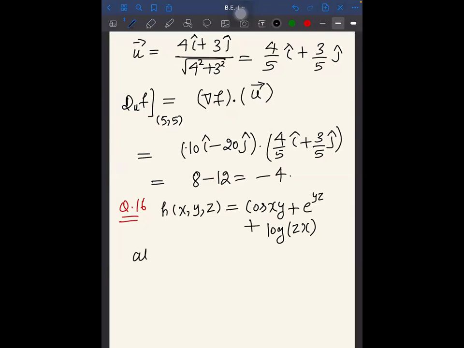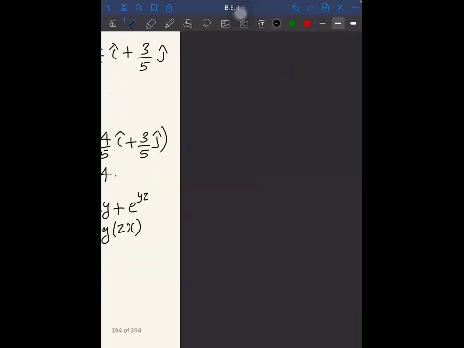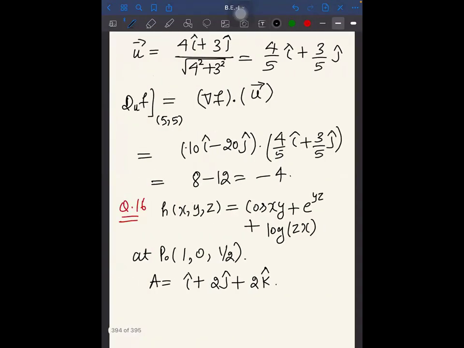So at point (1, 0, half), and in the direction which is given to us, i plus 2j plus 2k. Okay, true?